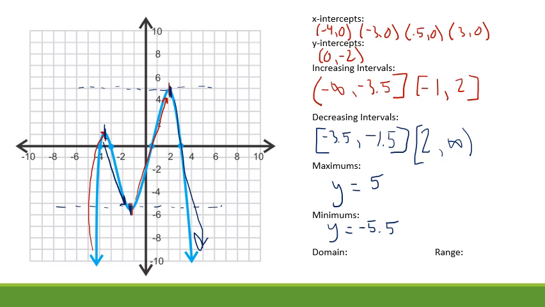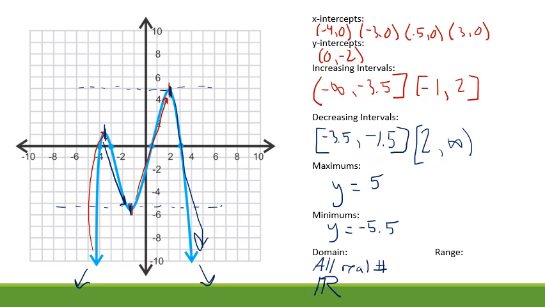The domain, all possible inputs or x values. Okay, remember these graphs continue to the left and to the right, so my domain would be all real numbers. Or we have a second notation here. It's a capital R with just another line here. Okay, it's another notation.